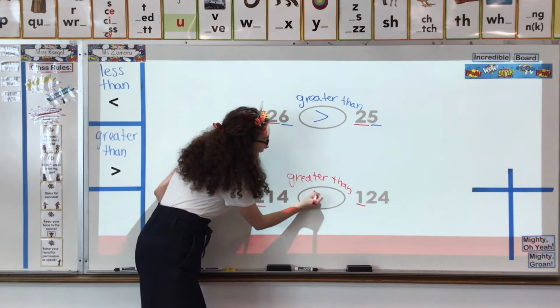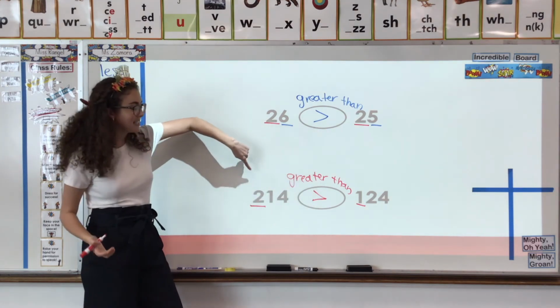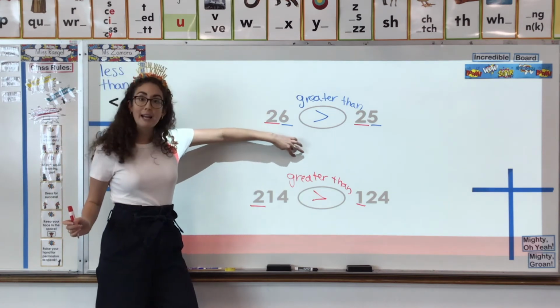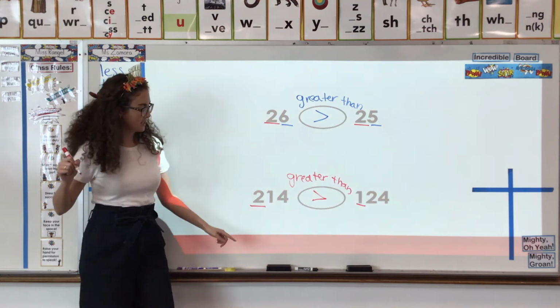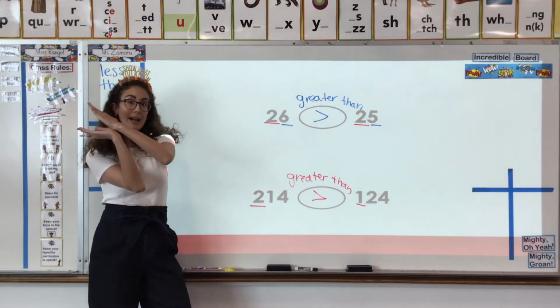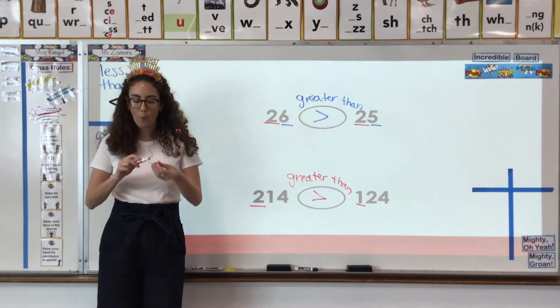It has to face that first number because the opening has to face the bigger number. And when we're saying greater than, that's the first number in our sentence. 214 is greater than 124.